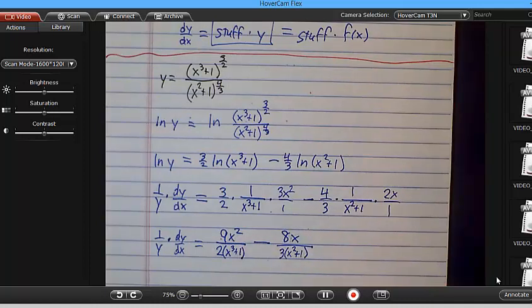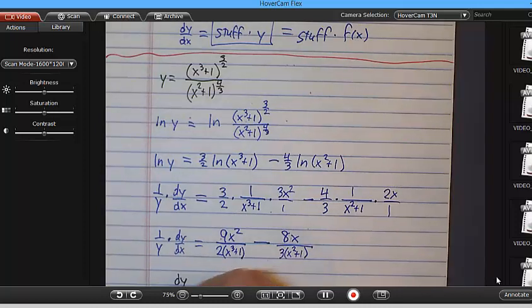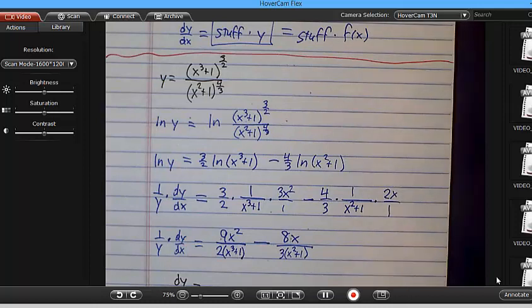So if you want dy dx, there's only one thing left to do to both sides of the equation. I know that if I actually wanted to subtract the fractions, I'd have to find a common denominator, and that would be 6 times x cubed plus 1 times x squared plus 1, and that'd be harder for me to figure out if I distributed it through.